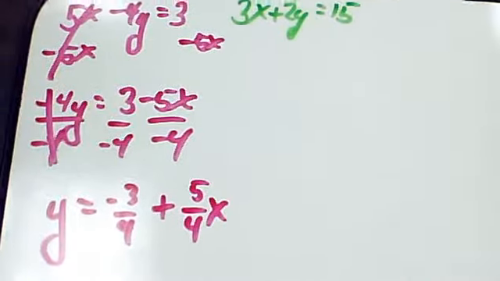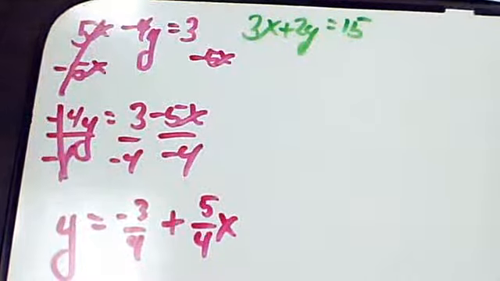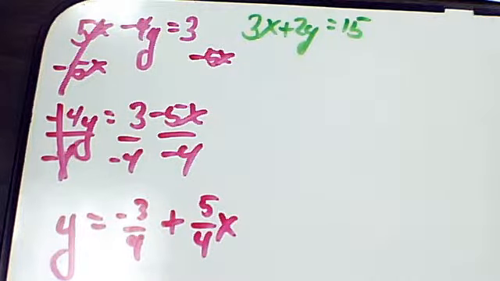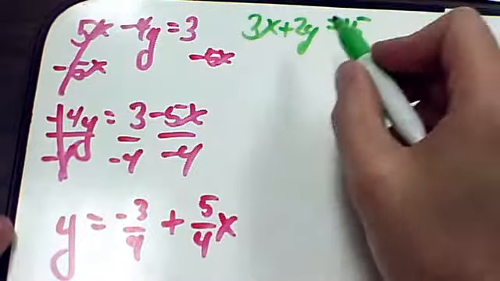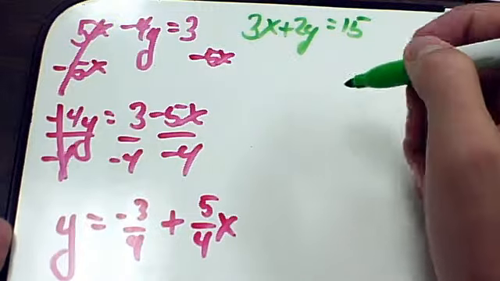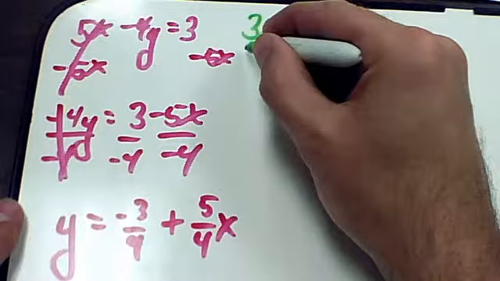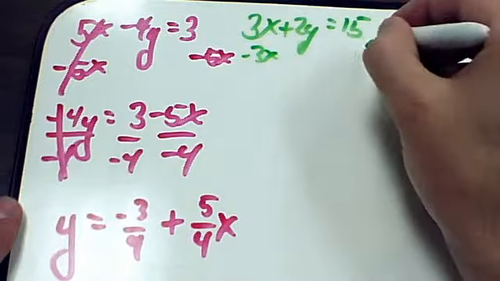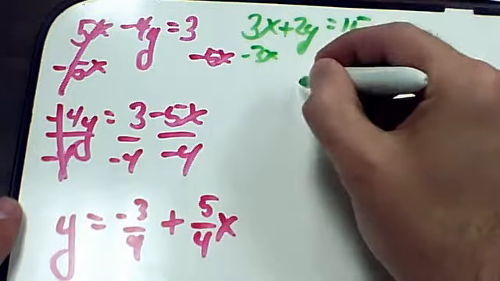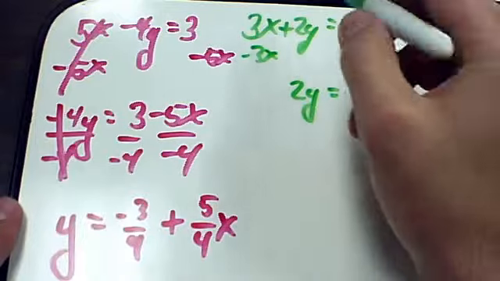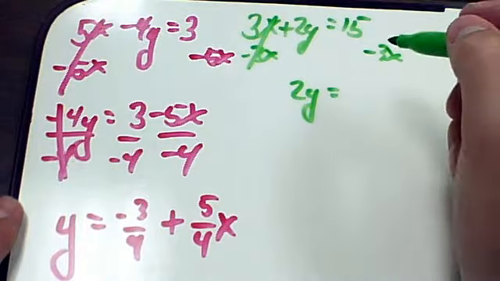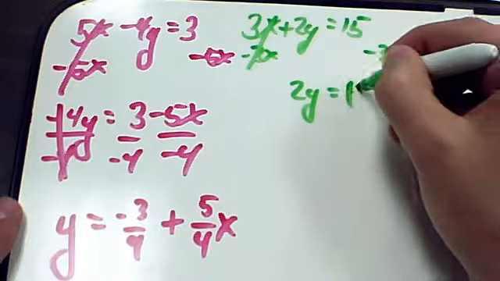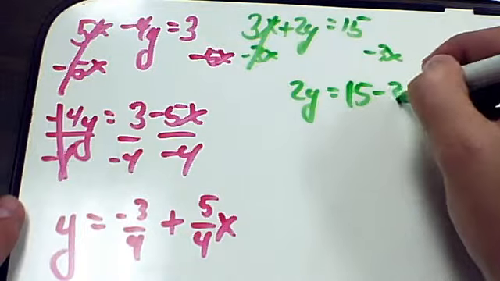Okay. Let me adjust this just slightly. All right, let's solve for the next one. We want to get y equals something. So same idea. Want to subtract 3x on both sides. We'd have 2y is equal to, this is a zero pair, 15 minus 3x.